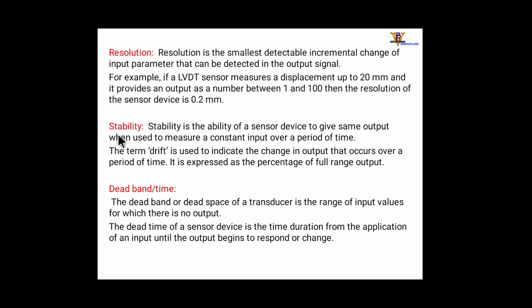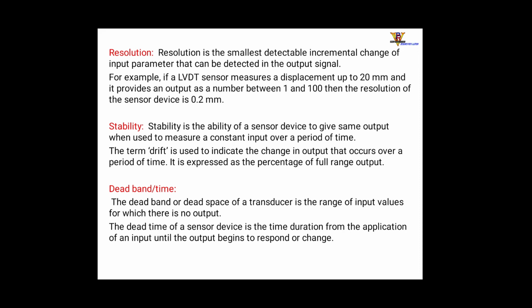Next is the stability. Stability is the ability of a sensor device to give the same output when used to measure a constant input over a period of time. Our sensor is measuring the input, and that input must be constant, and then our sensor must give the same output irrespective of time.